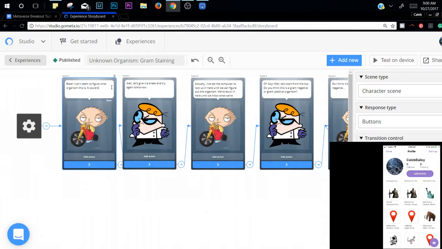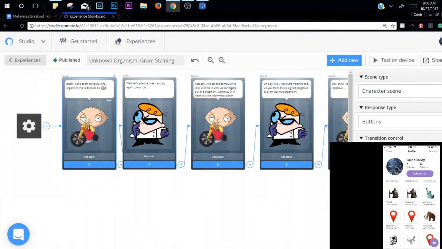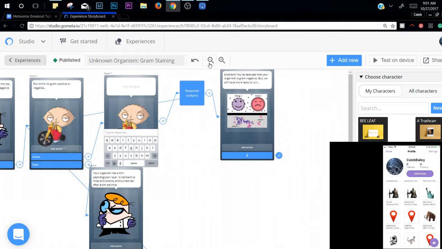It could be E. coli. I always misspell E. coli. Escherichia coli. I always have a tough time with that. E. coli or Ebola, for all I know. Period. Alright, and so with those changes, it makes a big difference.